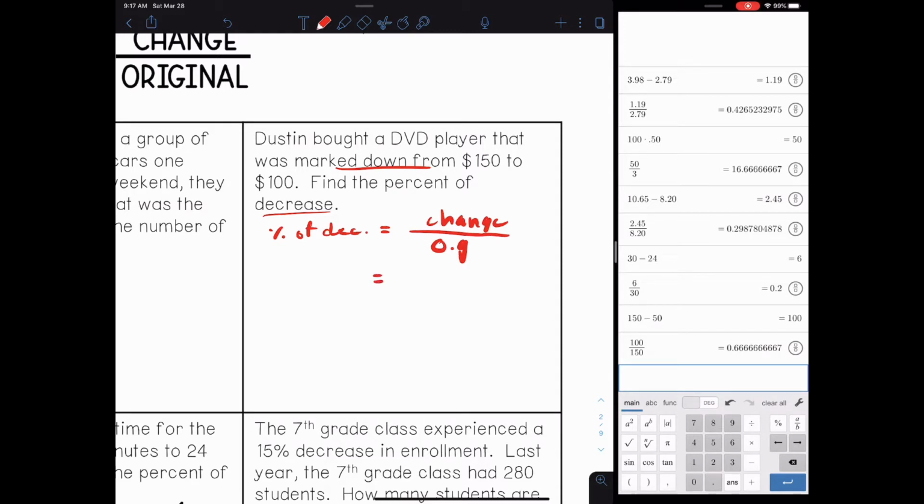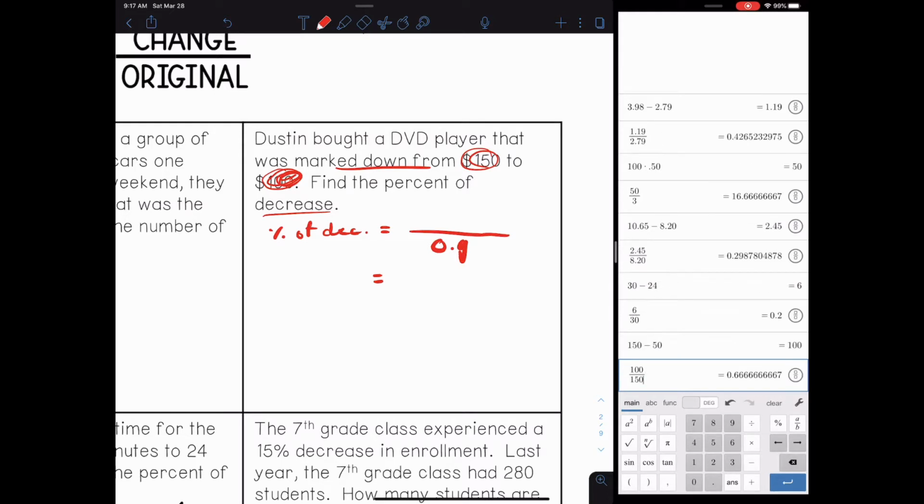Okay, so how much was the change? Well, it went from $150 to $100, so 150 minus 100, which is just 50, right?